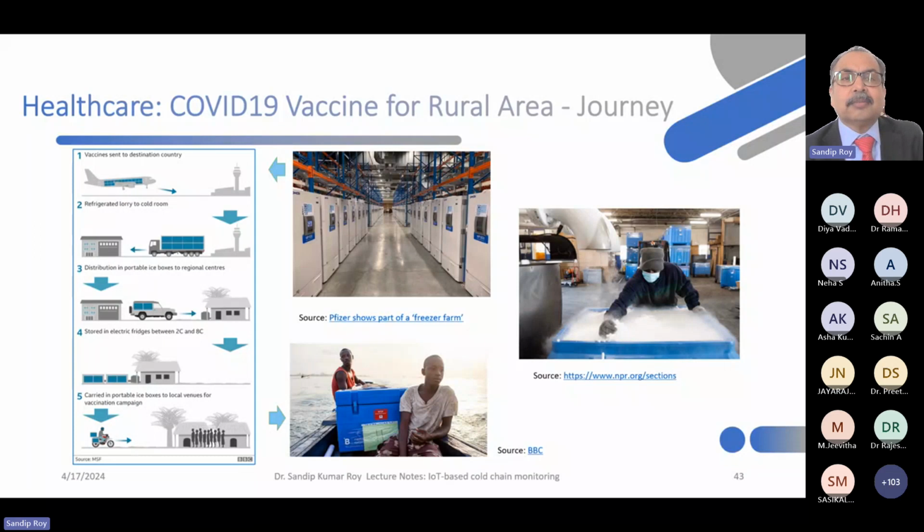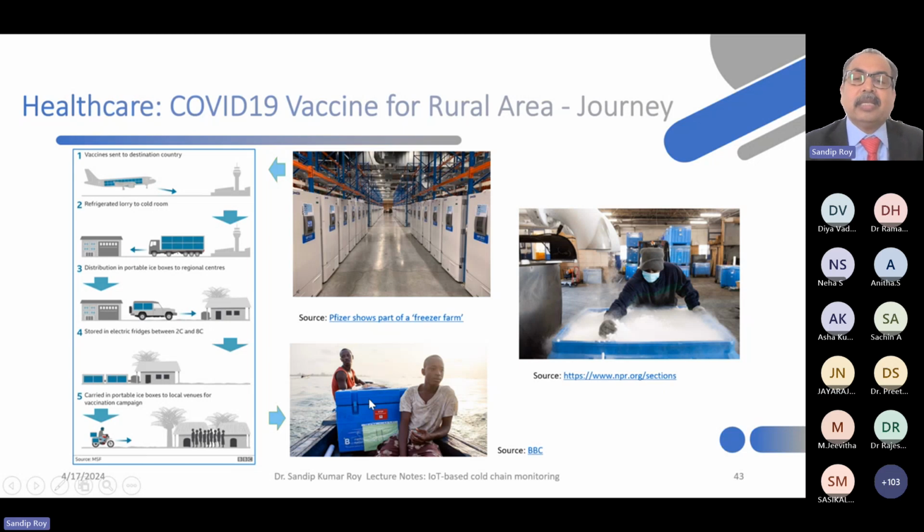Second is the vaccine journey to the rural area. This is a BBC case study where they have shown how in rural Africa, people have to take the vials at the last moment using these blue boxes over a boat or sometimes a bicycle, and how they can maintain the temperature.